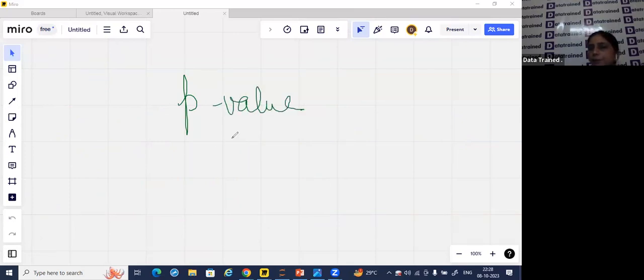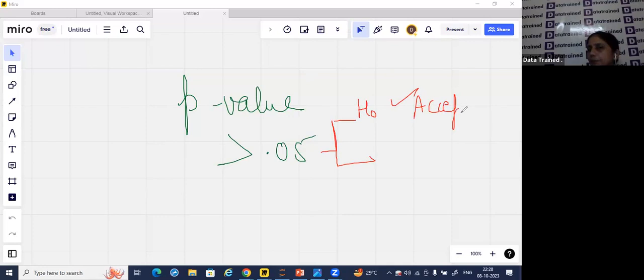If the p-value is greater than 0.05, the null hypothesis is accepted, so whatever statement is related to the null hypothesis is true, and the alternative hypothesis is rejected, so the statement associated with it is rejected.